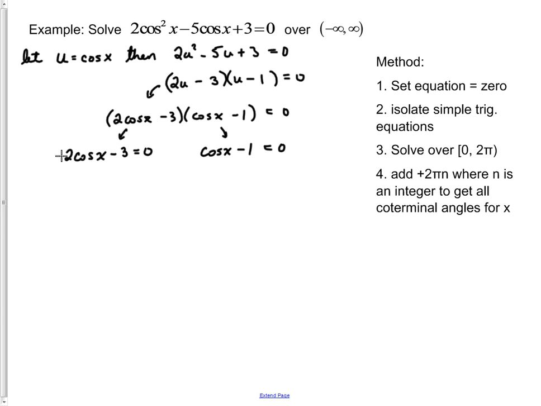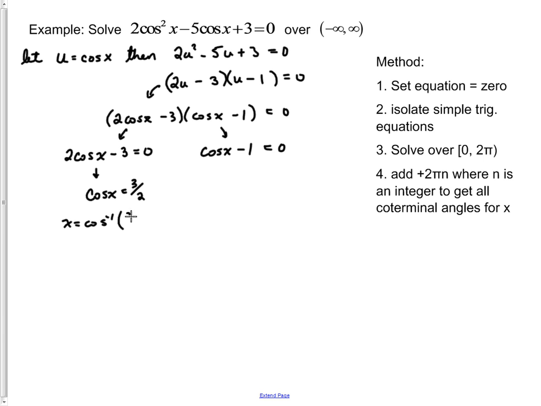Well, if we isolate cosine of x over here on this left equation by adding 3 and dividing by 2, we end up with cosine of x is equal to 3/2. Now the problem with this, of course, is that we would be forced then to try and find our inverse cosine of 3/2.